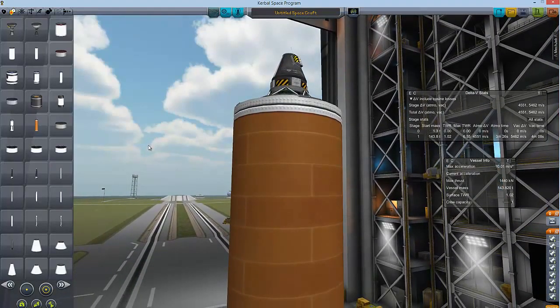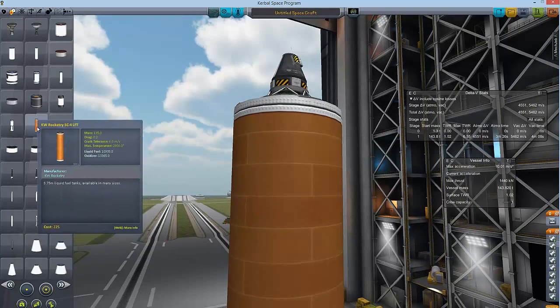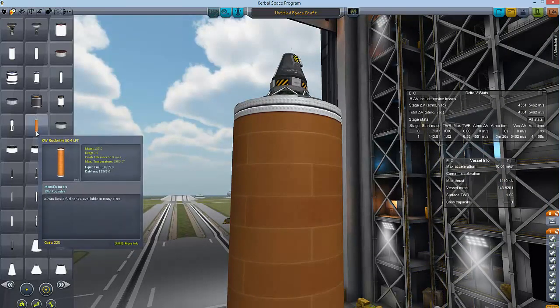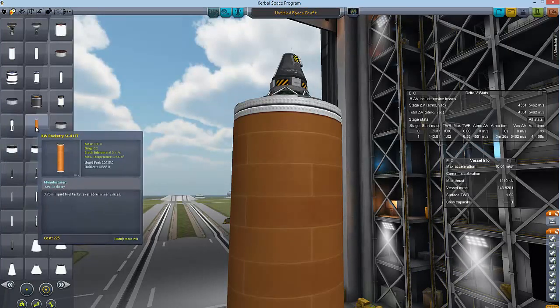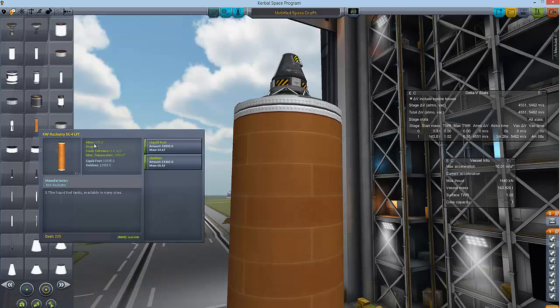And by the way, in case you were wondering, this is representing the mass in tons. So that's an important part. You don't have to convert that over to kilograms or anything like that, like you do with some of the other stuff. This is tons. The mass right here, and the mass everywhere it says mass, that's in tons. So just keep that in mind.